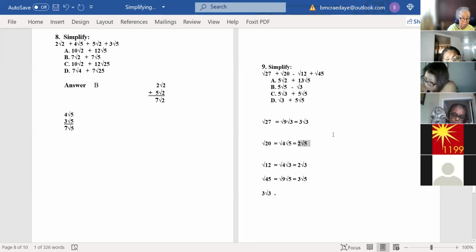So we've already broken this into factors. And minus the square root of 12, which is 2 times the square root of 3. So let's put that there, minus, and plus the square root of 45, which is 3 times the square root of 5.